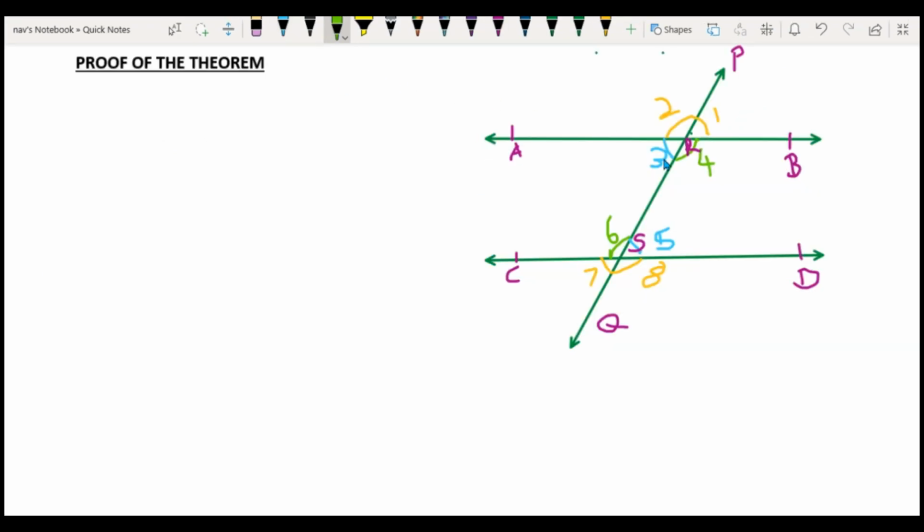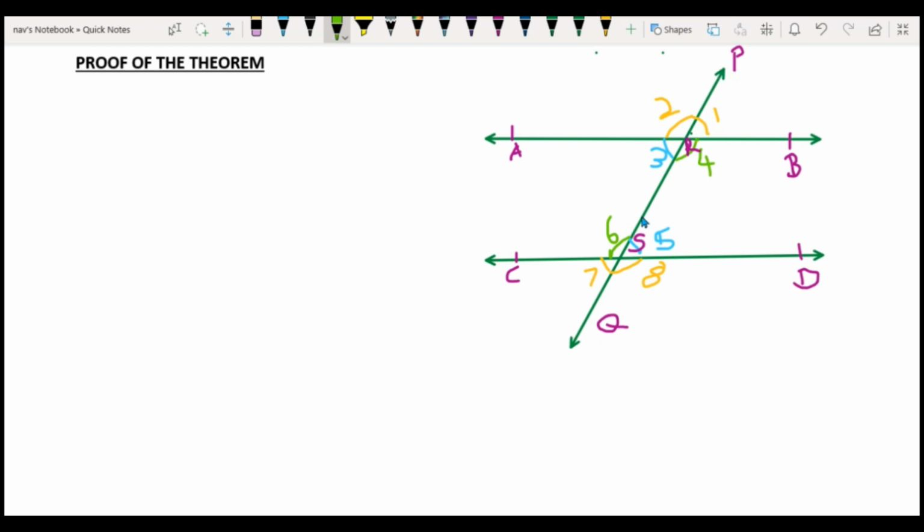Since this is a theorem, it has a proof. Now let us look at the proof of this theorem. So given that two lines AB and CD are given and line PQ is the transversal.